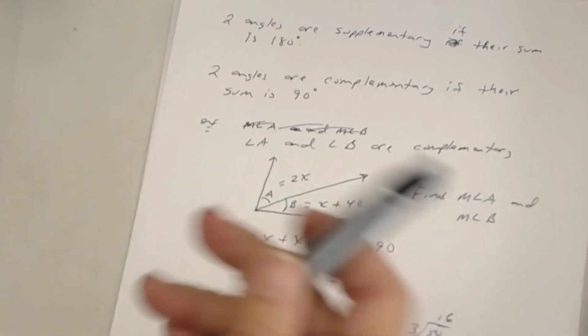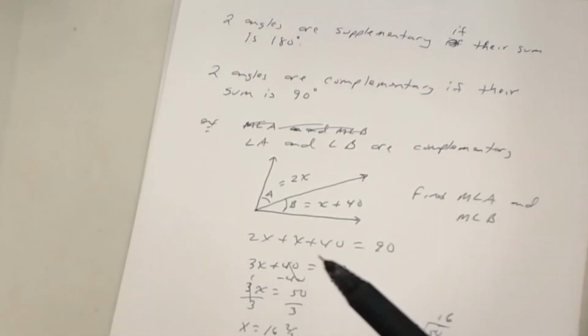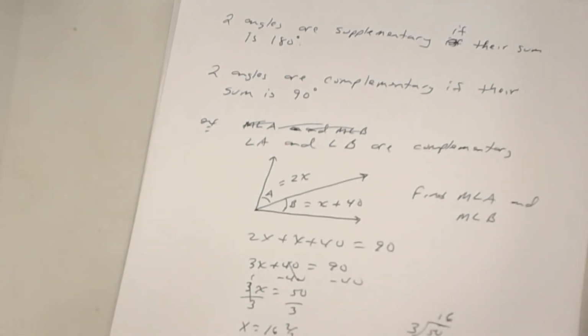You don't want to say it's 50 over 3 degrees. You want to say 16 and 2/3 degrees, because that's the way we tend to write degrees. We write it either as a whole number or a mixed number. We don't say 8 divided by 5, we write it as a mixed number.